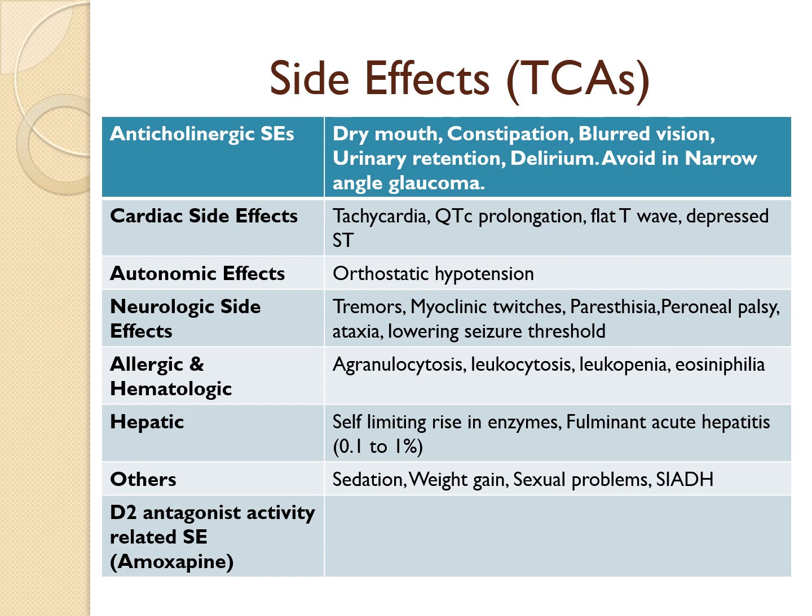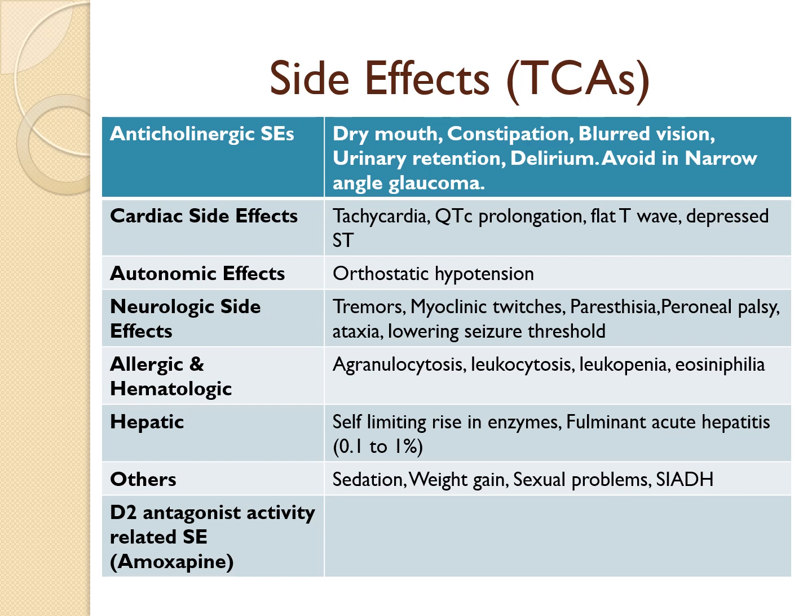Now, while we are prescribing these drugs, we should also know about the side effects of these drugs. So the side effects should be known to you and can be taken care of. The cardiac side effects for TCAs can be tachycardia, QTc prolongation, flat T wave, and depressed ST. Autonomic effects are orthostatic hypotension.